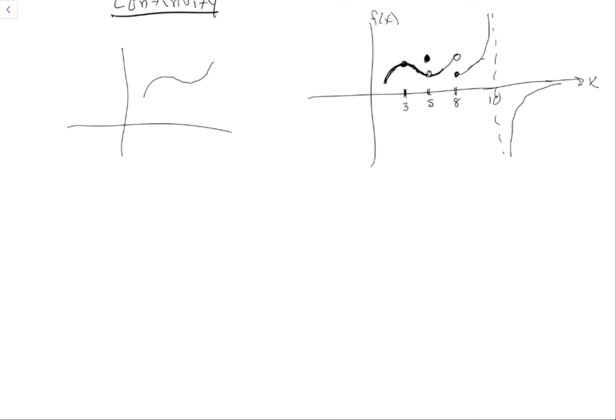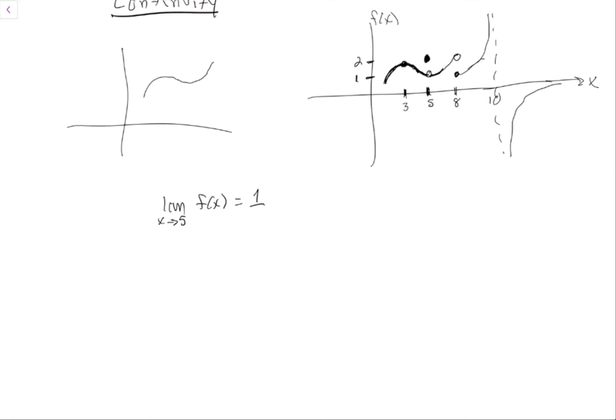Now if we take a look in terms of limits, what is going on? What is wrong there? Suppose the y value here, as x approaches 5, is 1, and the function value there is 2. What we notice in this case is that as we approach 5 from both sides, the function has a limit of 1, right?